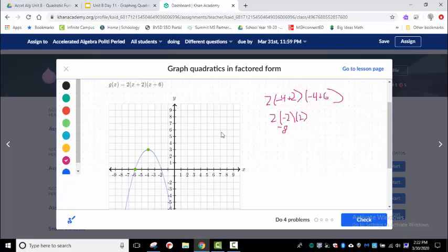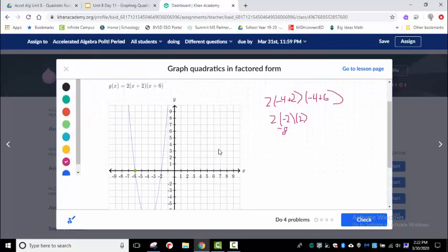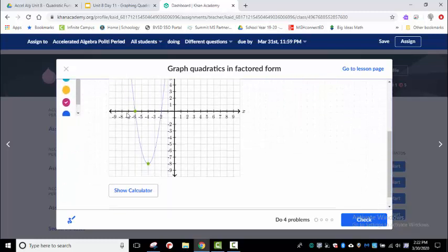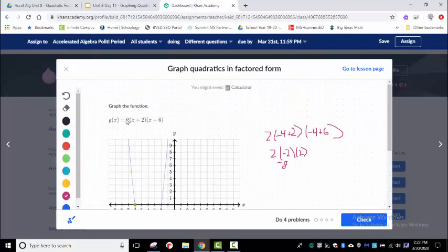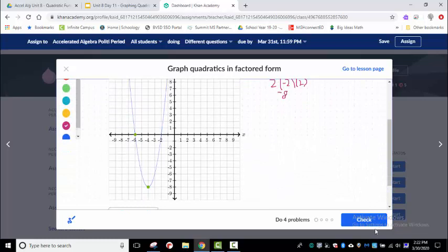And that gives me -8. So my vertex, I'm going to have to pull all the way down here to -8. And now let me think about that. This is opening up, that seems correct because I can tell that this A value is a 2. So it should open up. All right, great. And I'll check.